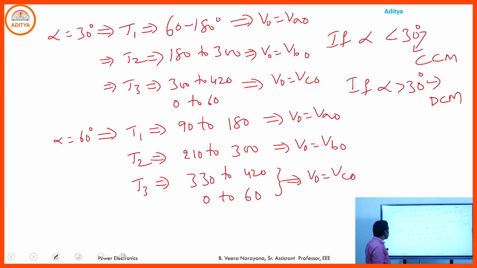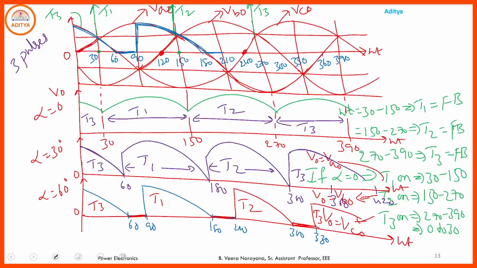Why we take 180 is by observing the output voltage waveform. For alpha equal to 30, it is 60 to 180, no problem. For alpha equal to 60, it is 90 to 180. If you vary the firing angle accordingly, alpha equal to 30 gives 30 plus 30, 60 to 180.